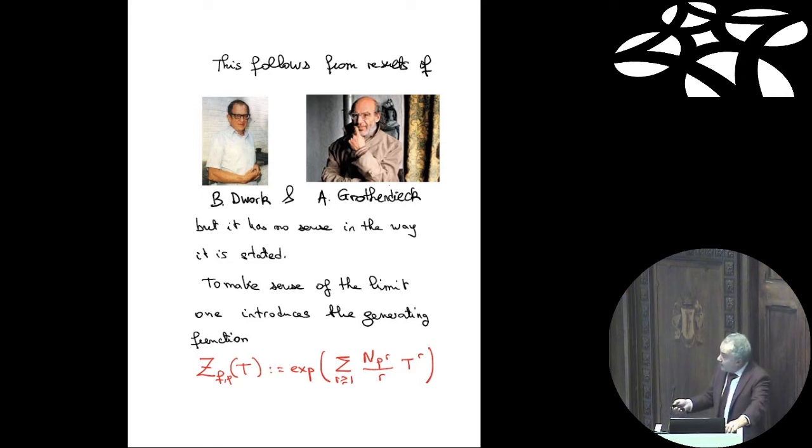We divide by r, why not? Dividing by r is related to taking a derivative with respect to t. And one applies the exponential function. So it's a bit strange, but it is like it is.